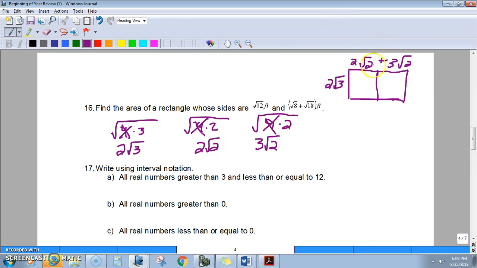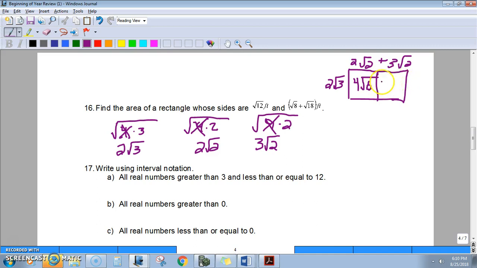Cool, and now I'm going to just do my area model here. So I have 2 times 2 is 4, and then the square root of 3 times the square root of 2 is just going to be the square root of 6, because you can just multiply the insides together.